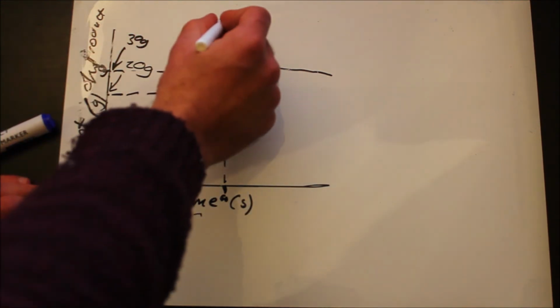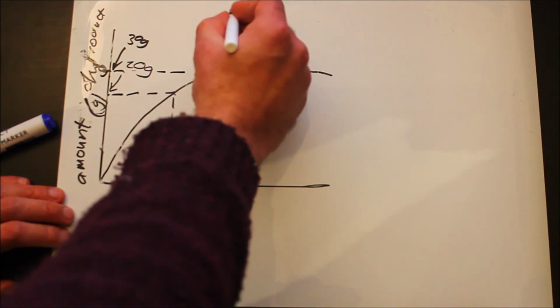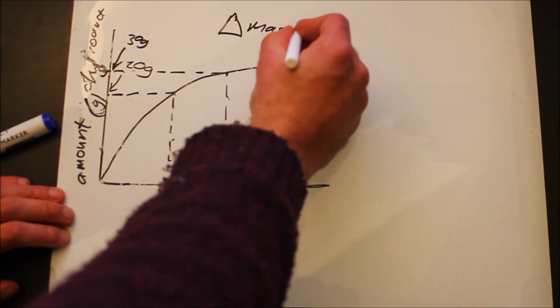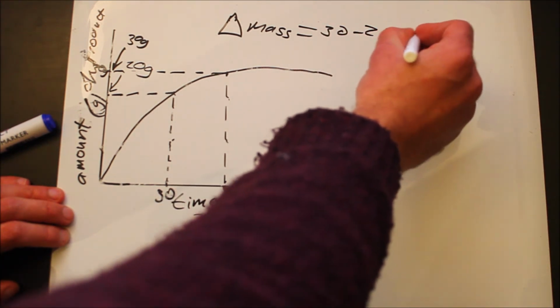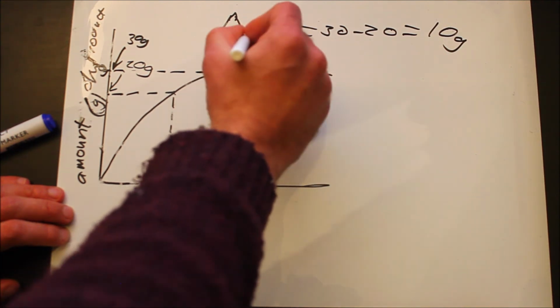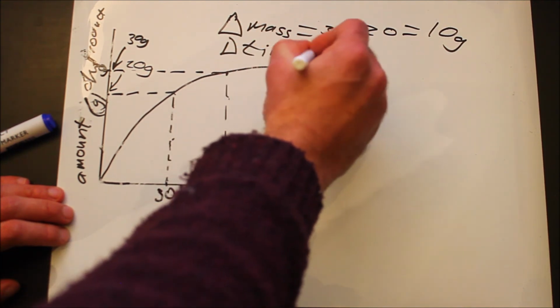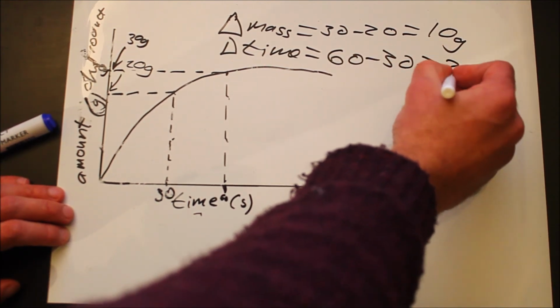So we can work that out. Change in mass. So that triangle, delta being change in mass is equal to 30 take away 20, which equals 10 grams. And our change in time is 60 take away 30, which is equal to 30 seconds.